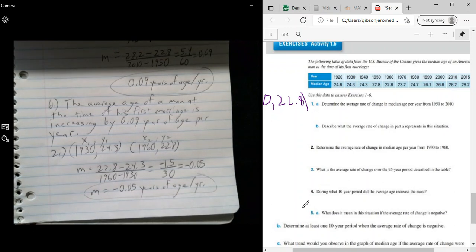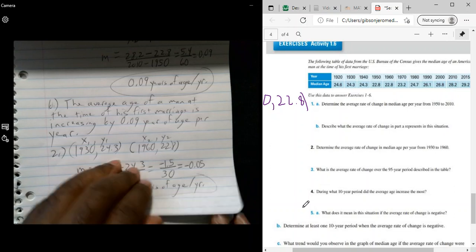Now, number 3, it says, what is the average rate of change over the 95-year period described in the table? So basically, they already tell you that it's a 95-year period. So watch this.